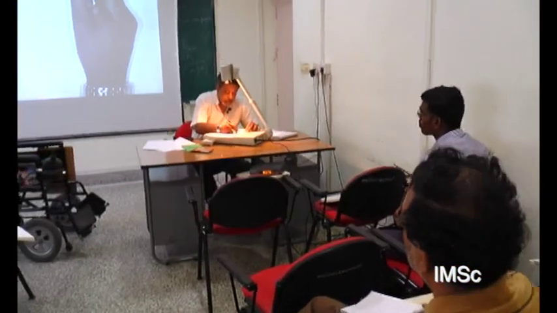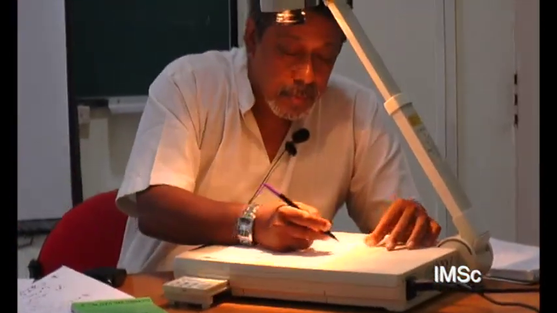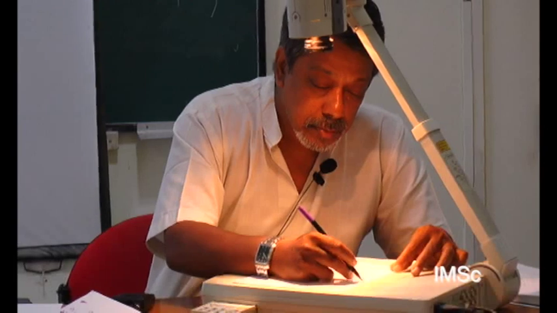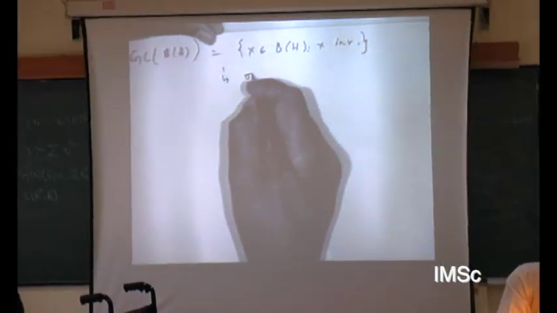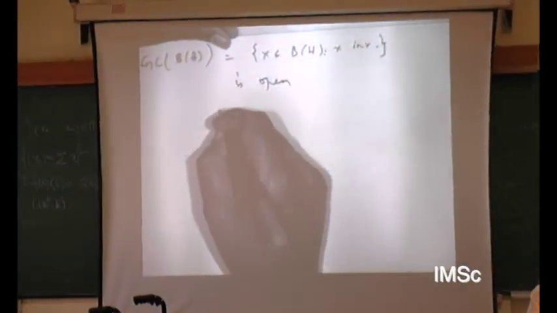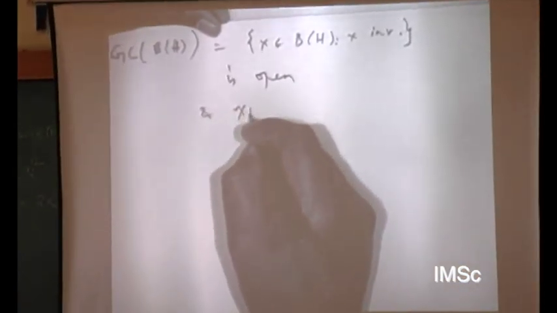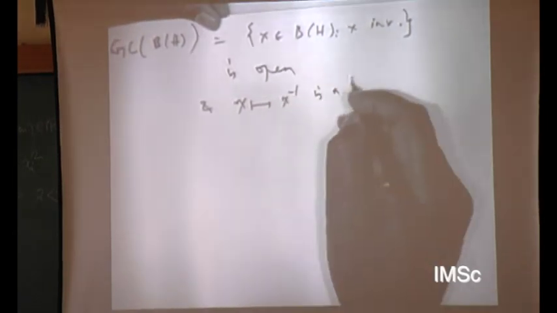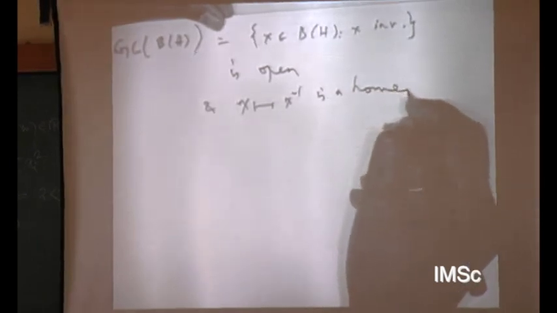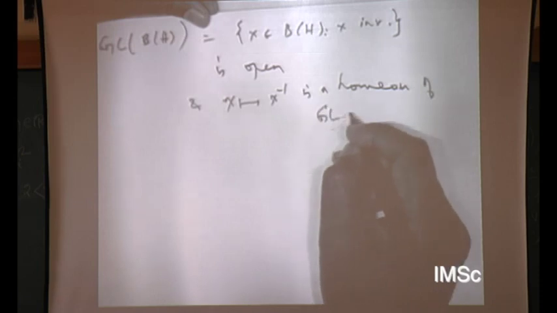The point I am trying to make is that this is an open set, and x going to x inverse is a homeomorphism of GL onto itself.